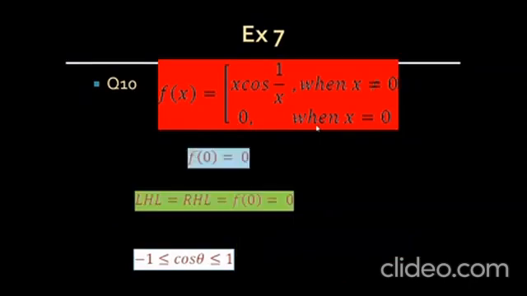After writing it, we can say left hand limit is equal to right hand limit, which is also equal to f(0), because in the left hand limit, right hand limit and f(0) we get the value 0. So that's why we can say the function is a continuous function at x equal to 0.